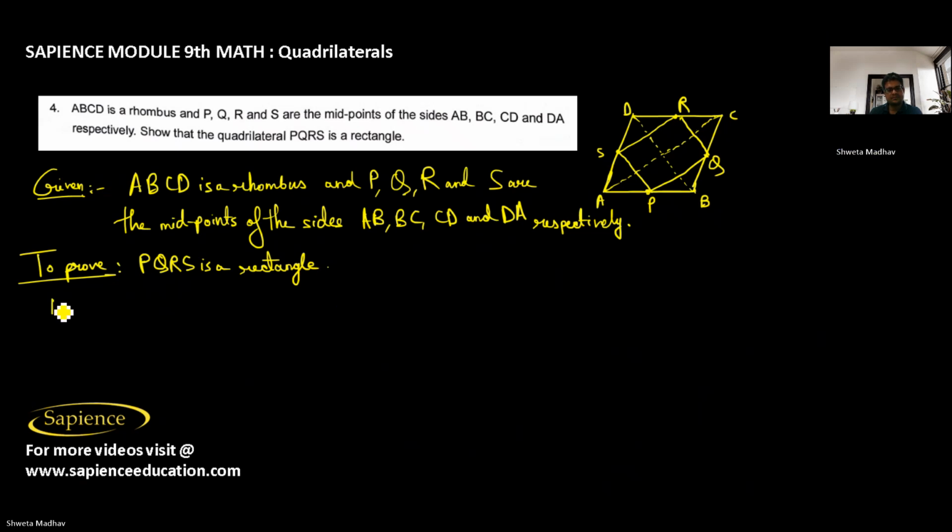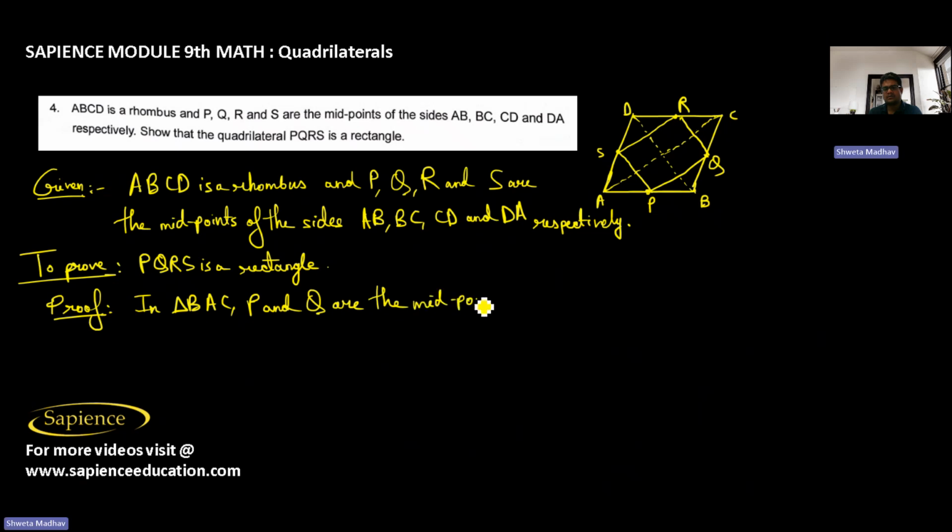So the proof is like this. In triangle BAC, P and Q are the midpoints of the sides BA and BC respectively, since it is given.